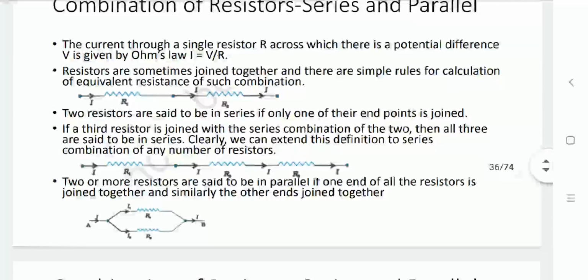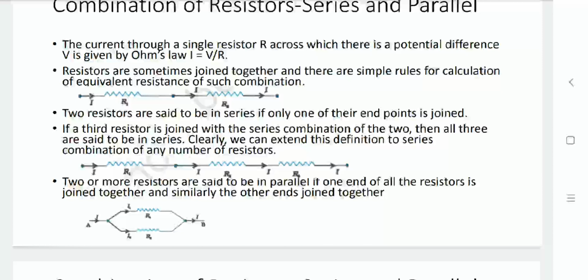For the parallel connection, as shown in the figure, the first terminals of both resistors are connected at the same point, and the second terminals of both resistors are connected at another point. Current is entering from point A towards R1 and R2. From the junction, this current is divided in two parts.